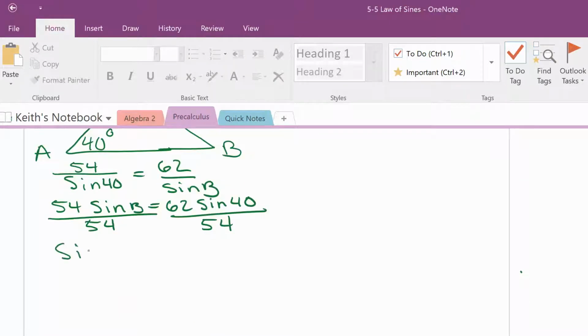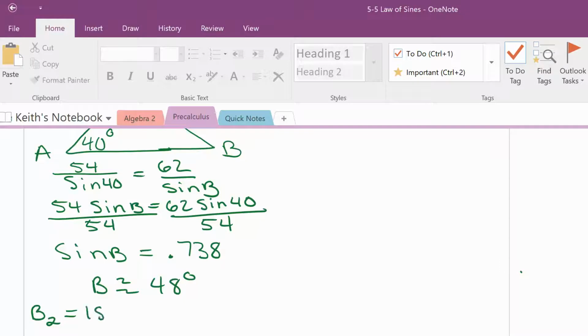So sine B, when you put that in your calculator, is equal to 0.738. And then when you take the inverse, B is approximately 48 degrees, which means the second angle B, if there was one, would be 180 minus 48, which would equal 132.